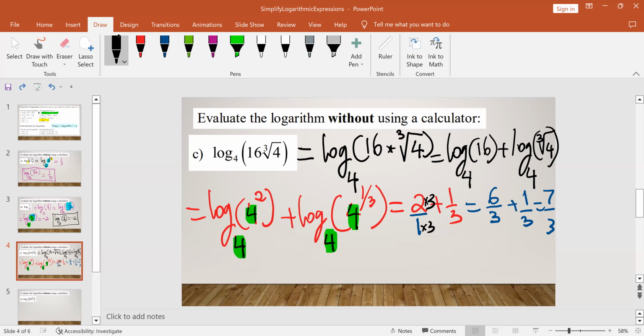With two fractions, you need the same denominator, and you add the numerators. So the logarithm of 16 times the cube root of 4 with base 4 is 7 over 3.